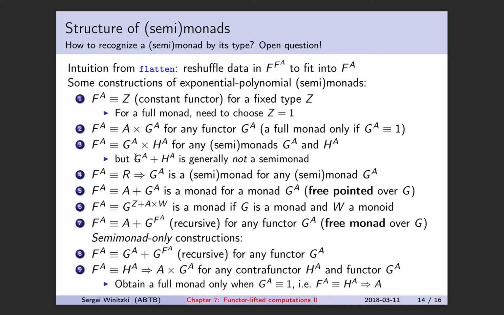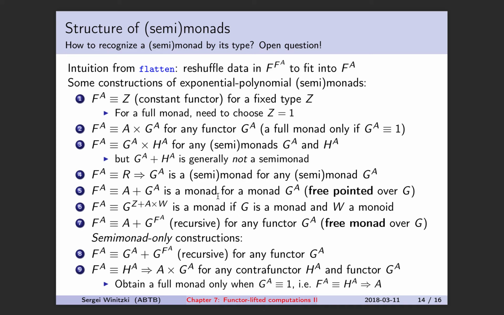Now, we've seen that this is generally not a monad if you have here G and H, but if one of them is just the identity monad, then you can do it, it turns out. You need, however, a full monad for G. It does not work with a semi-monad G.